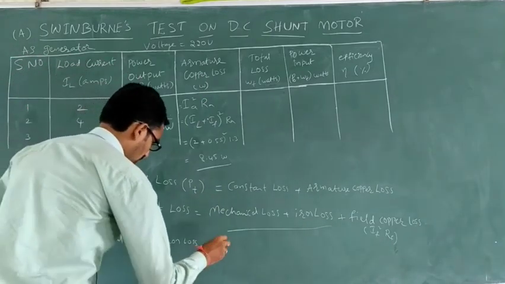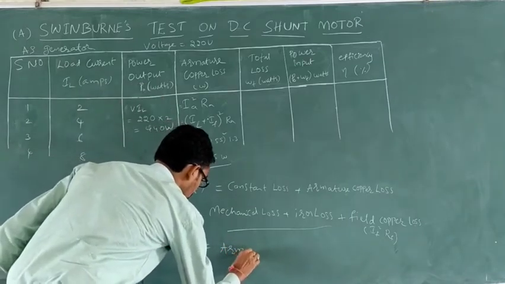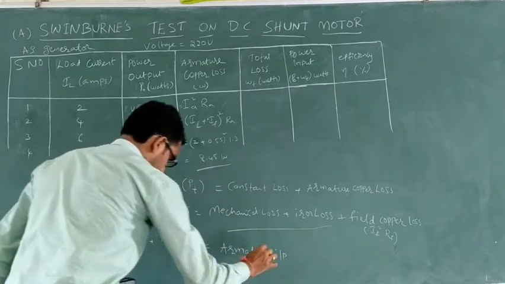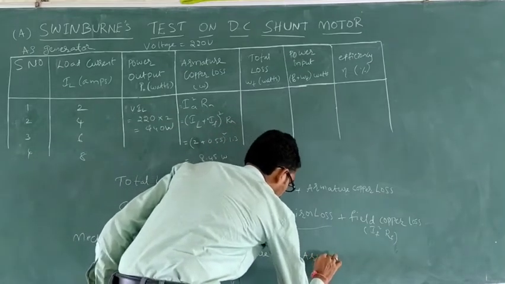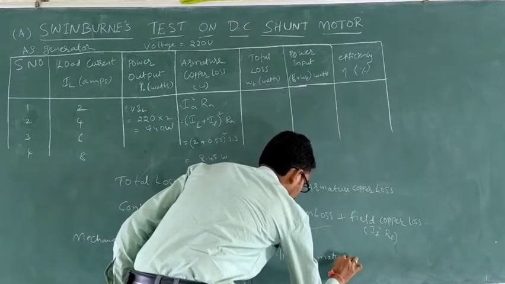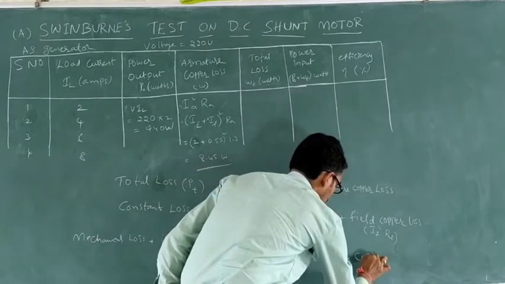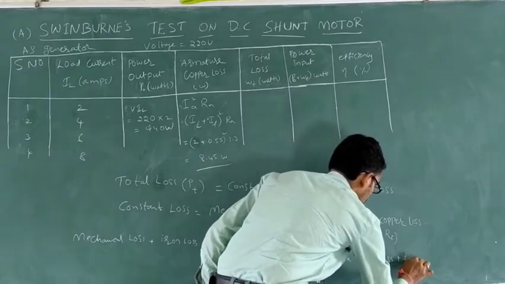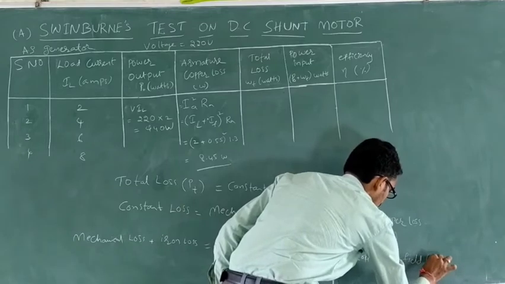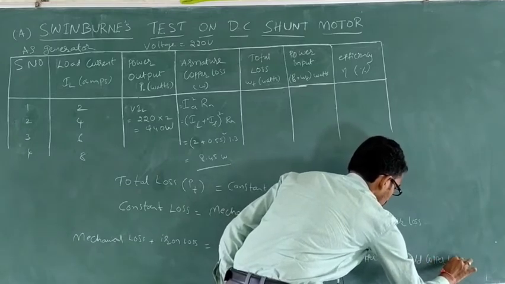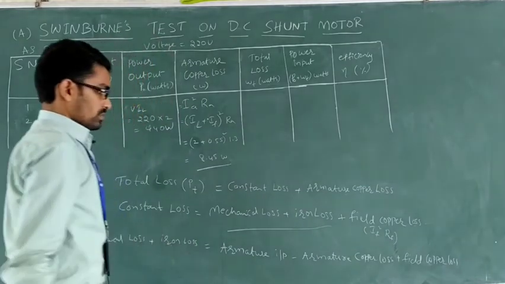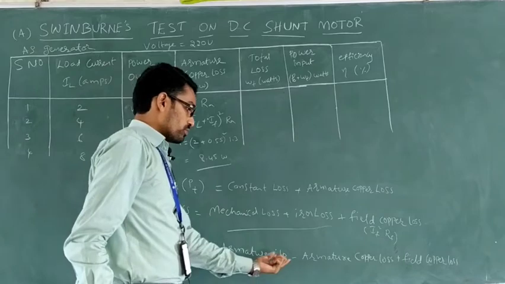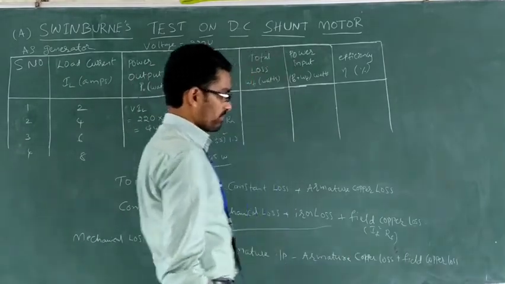That is armature input minus armature copper loss plus field copper loss. So mechanical loss plus iron loss is equal to armature input minus armature copper loss plus field copper loss.